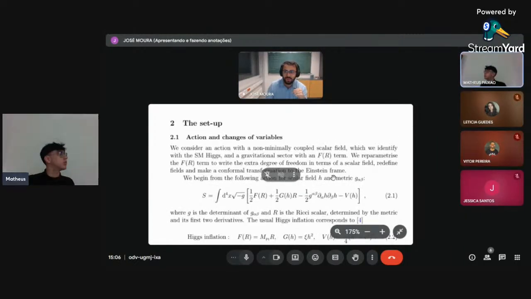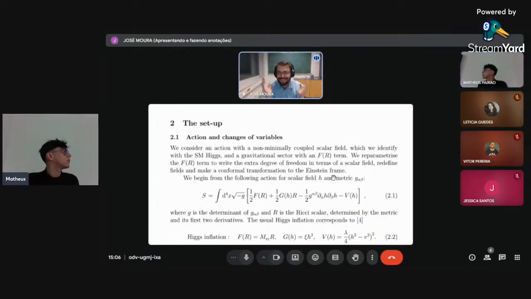Okay. And since the Higgs is, as far as we are aware, a fundamental scalar field, we can think about it. People have done this type of work and showed that it's important that the Higgs couples non-minimally to gravity.